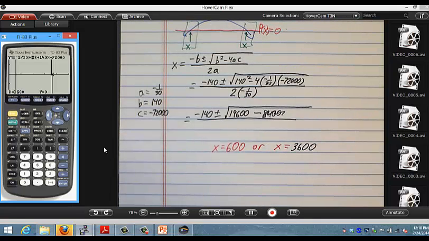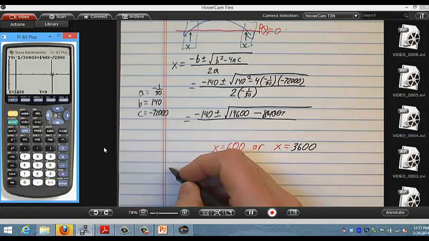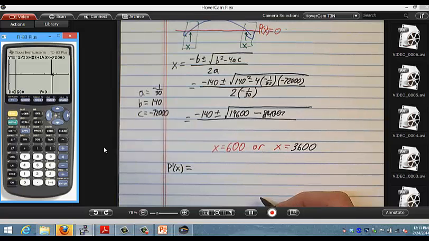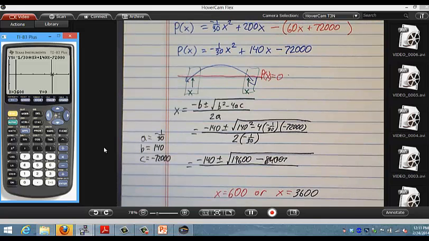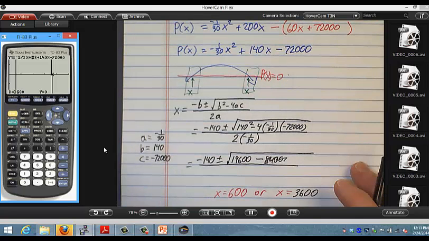All right, so then the last little step here, P prime of, what did they say, 3,000? Okay, so here I go. P prime of x is, well, how do I compute that? I need to use P of x. There's P of x.